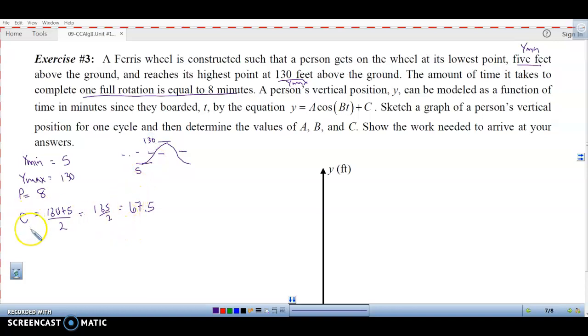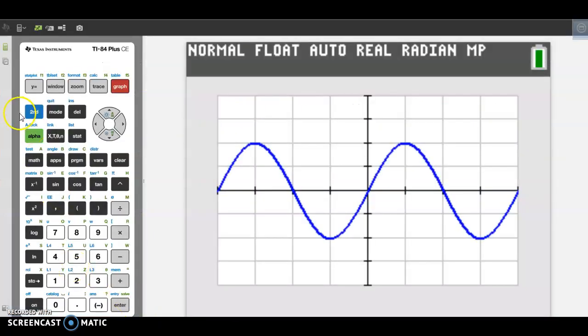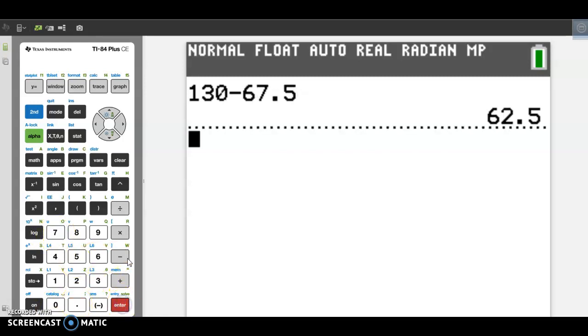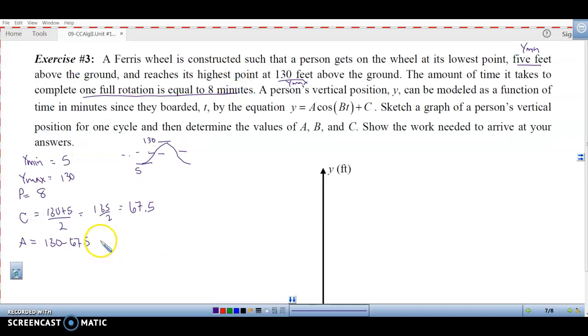So if I take, for example, the midline, A is going to be 130 minus 67.5, and that's going to give me 62.5. Let me make sure I'm right here. 130 minus 67.5 is 62.5, yes. So that's going to give me 62.5.